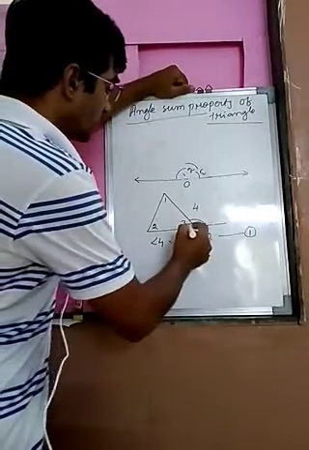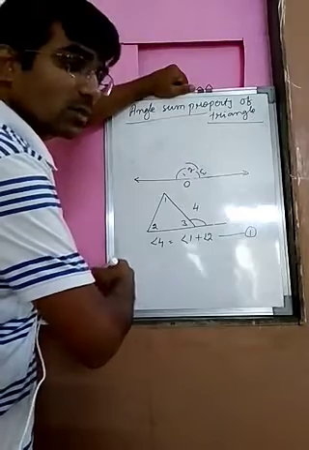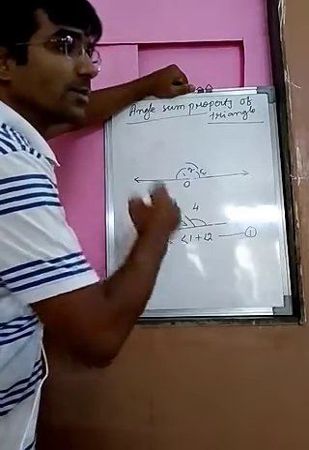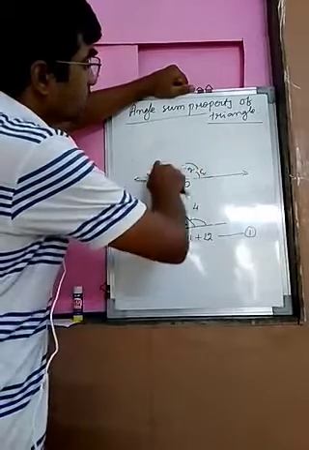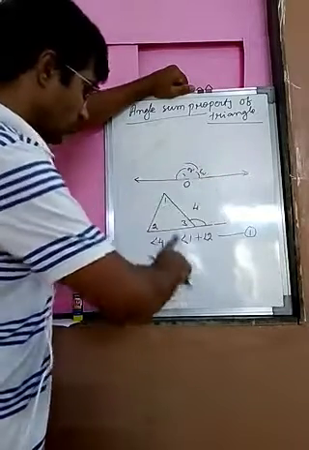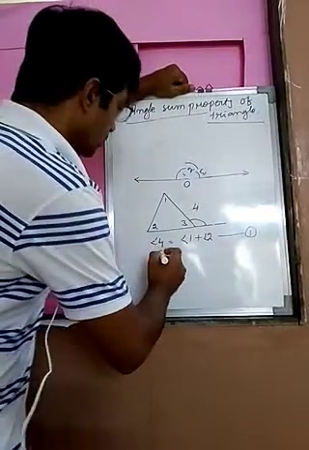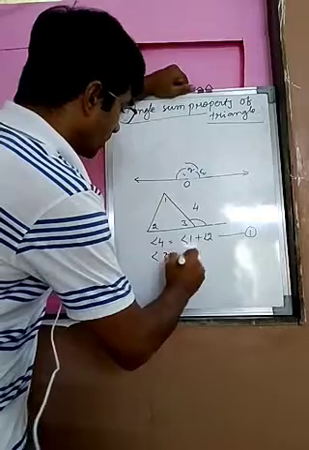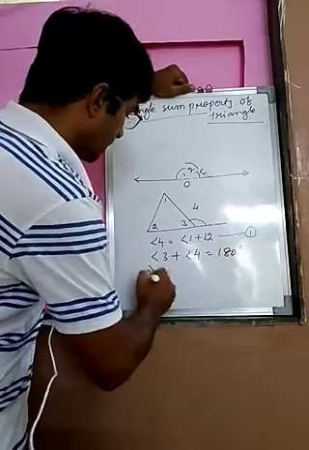Now as we know, angles 3 and 4 are both lying on one line, that's why they are called what? Linear pair angles, and linear pair angles are always supplementary. Like here, the three angle sum is 180 degrees, because all three are lying on one line. So here also these two angles sum to 180 degrees because they both are lying on one line. So angle 3 plus angle 4 equals 180 degrees.